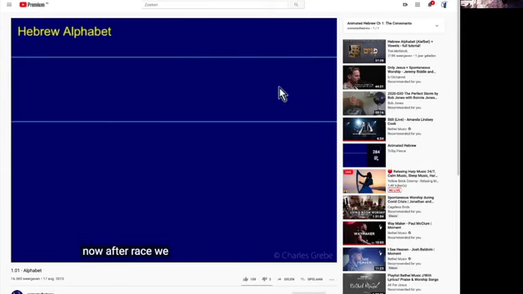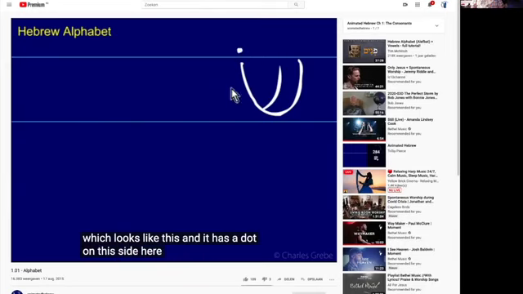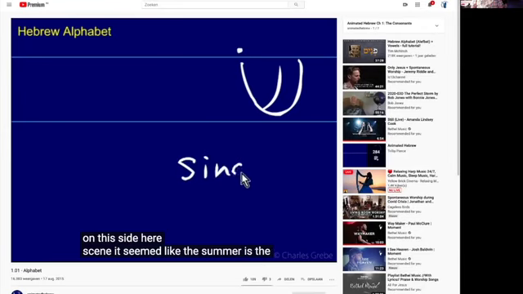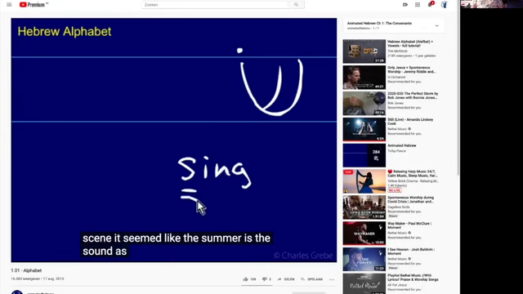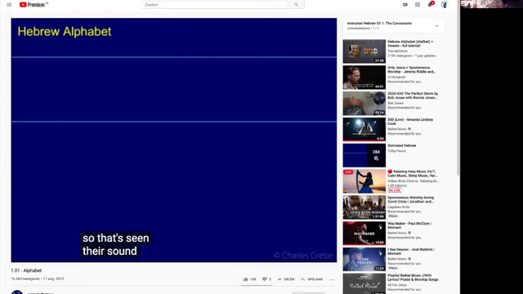Now after Resh we have Shin, which looks like this, and it has a dot on this side here. Shin. And Shin, like the Samech, is the S sound, as in sing. So that's Shin, the S sound.